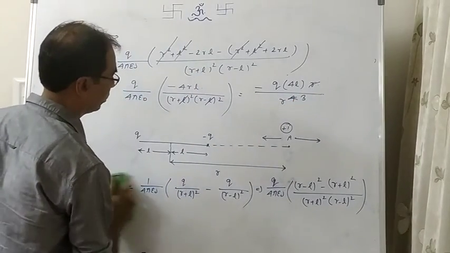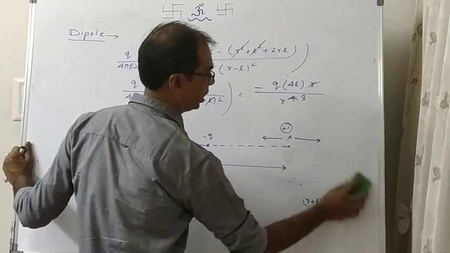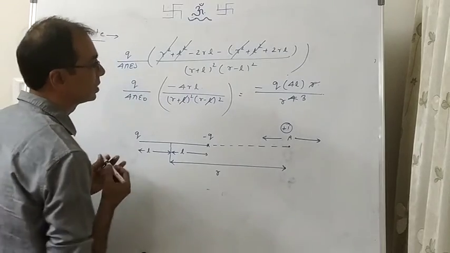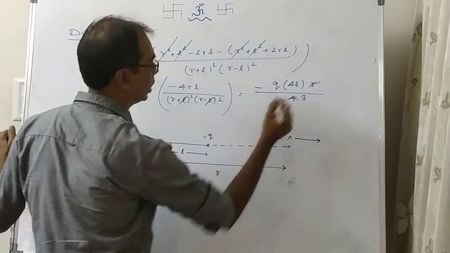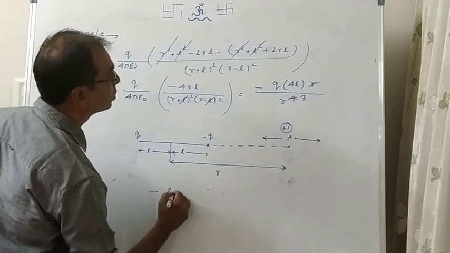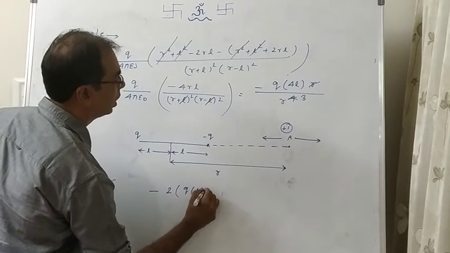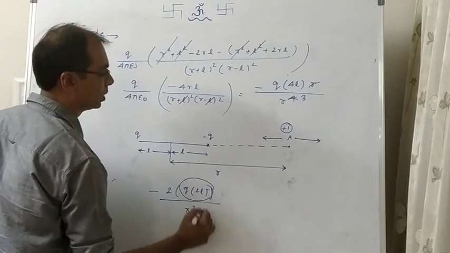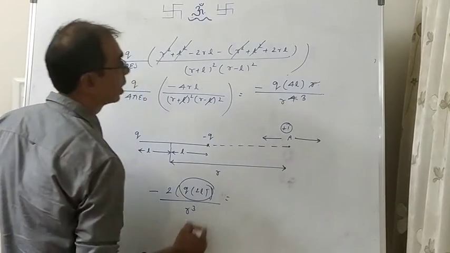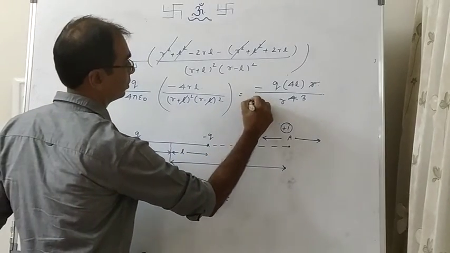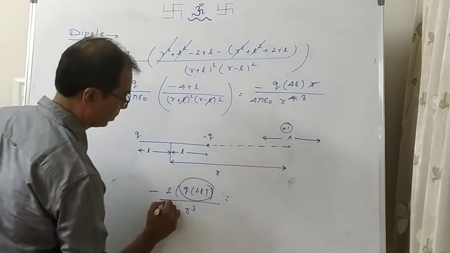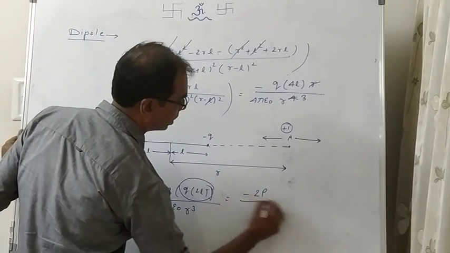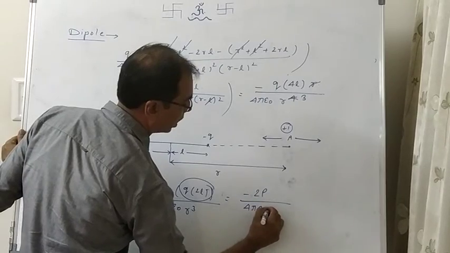So we are getting this as Q into 2L, so minus 2 into Q into 2L by R cube. Now Q into 2L means P, and 1 by 4 pi epsilon naught also. So we are getting minus 2p by 4 pi epsilon naught R cube.